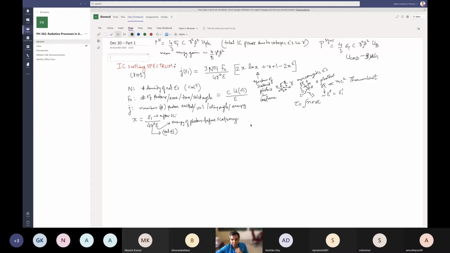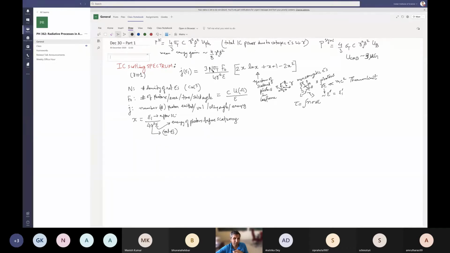Any question? So I'm not deriving this, I'm just stating this. So this is number density, area, flux, which is number of photons per unit area, per unit time, per unit solid angle. So number per unit volume, and this is energy.